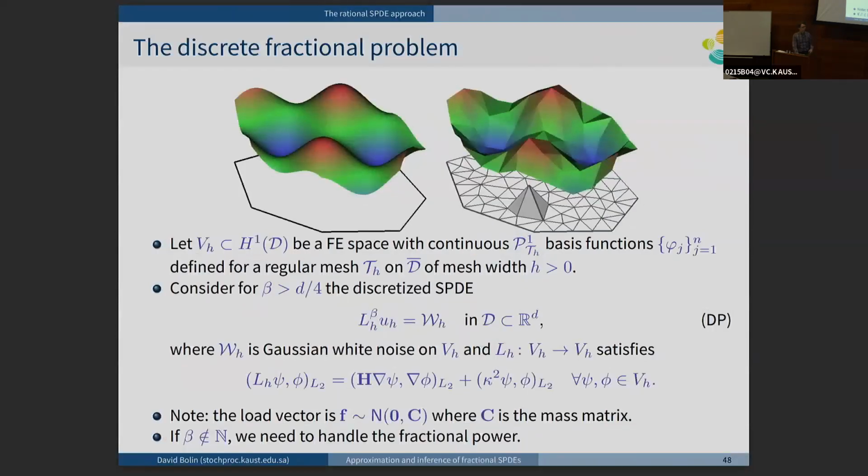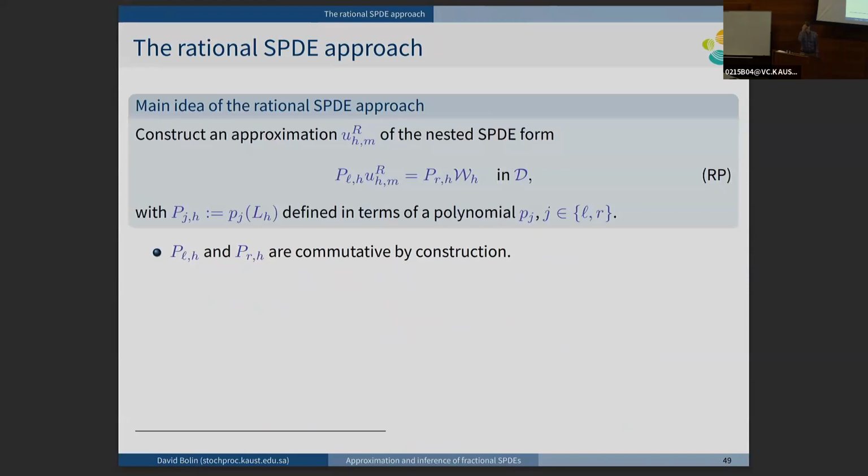Now, the main problem here is that if beta here is not an integer, then you have to handle this fractional power somehow, right? So that is what we have to handle now. And the idea we had was that we could try to construct an approximation that is of this form.